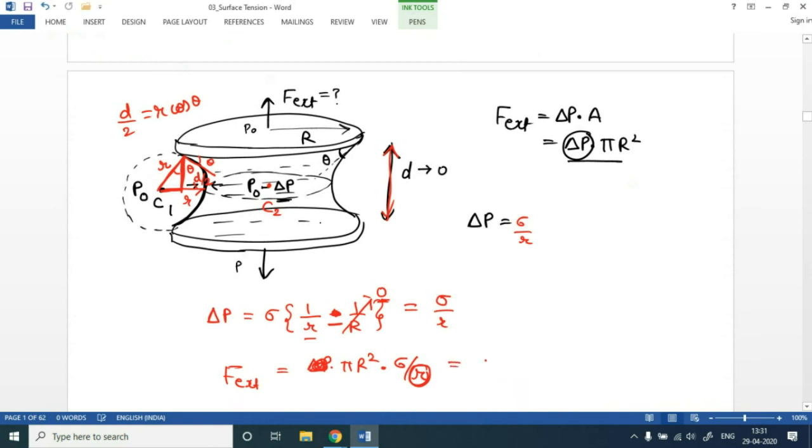So F external is pi R square into sigma, divided by small r, which is d by 2 cos theta. That is the magnitude of the external force we need to apply in order to separate these two discs slowly.